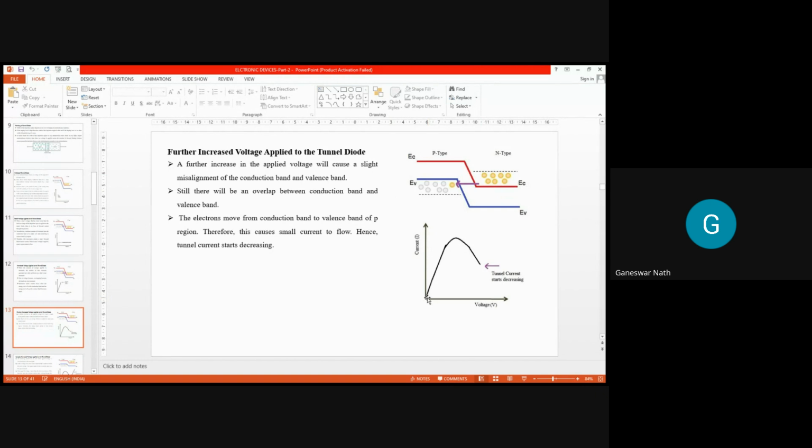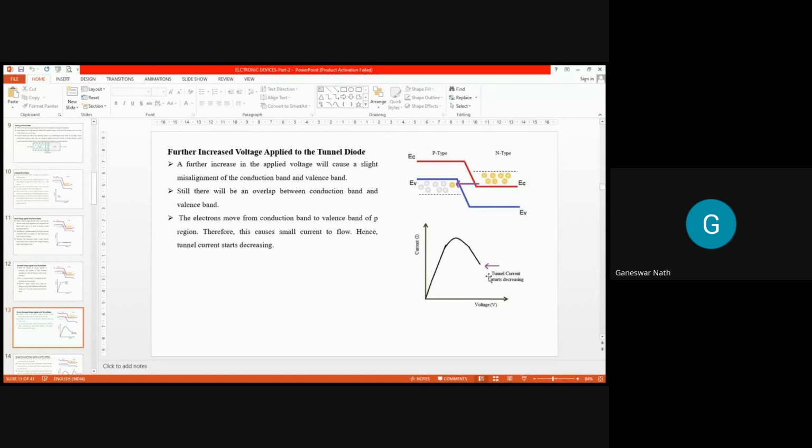The current also increases, reaches a maximum, and after that the current starts to decrease. Why? Because the electrons can no longer flow as much from the high energy level to the low energy level. So initially it goes on increasing, then reaches a maximum, then decreases.